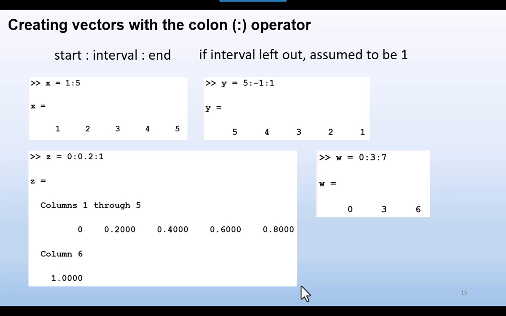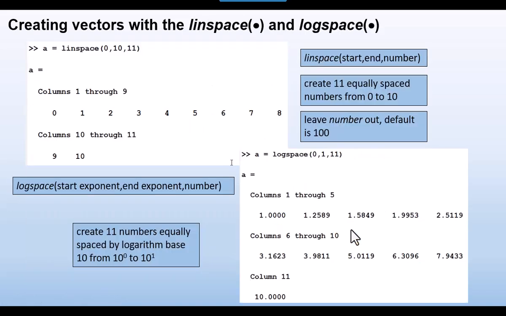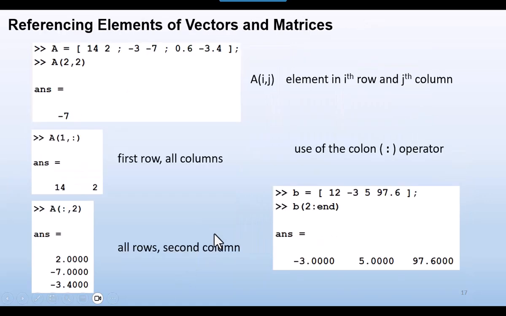Here is the use of the colon operator that we went through with you, so I won't spend too much time here. And then linspace and logspace, and we did that, and it gives you the details here in the little blue boxes for linspace and logspace.